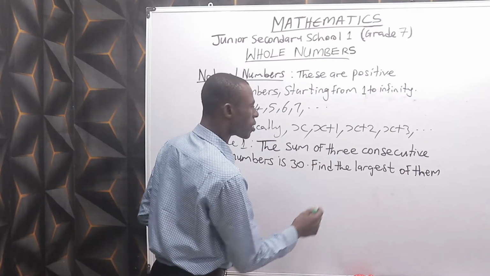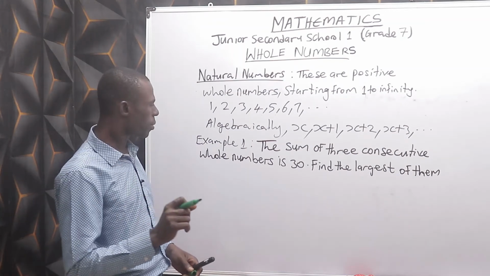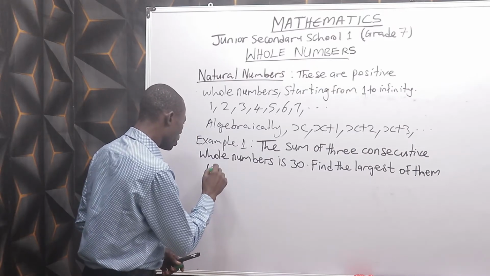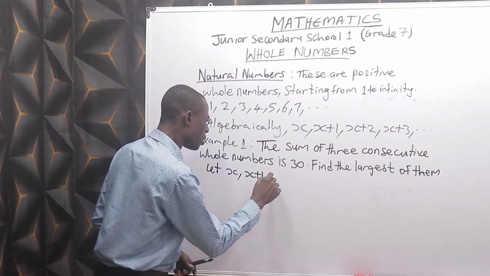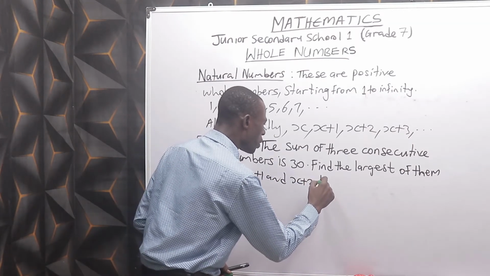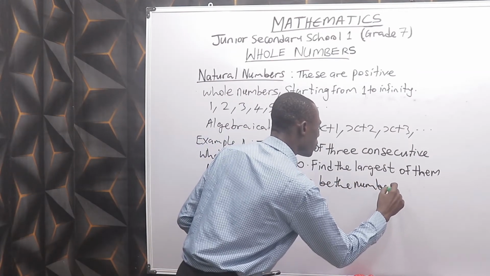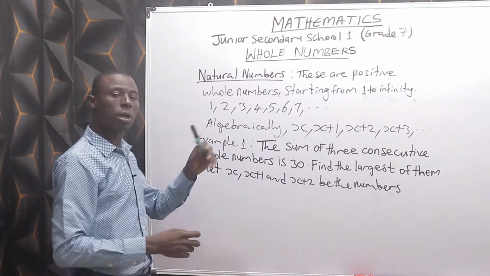The sum of 3 consecutive whole numbers is 30. Find the largest of them. Let x, x plus 1, and x plus 2 be the numbers, as in the 3 consecutive whole numbers.